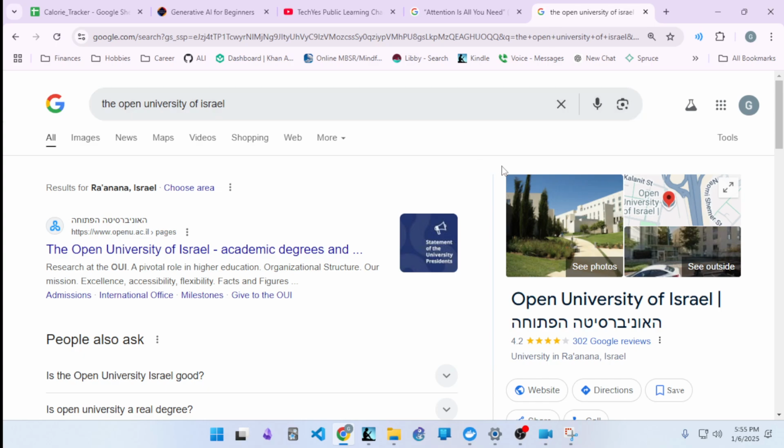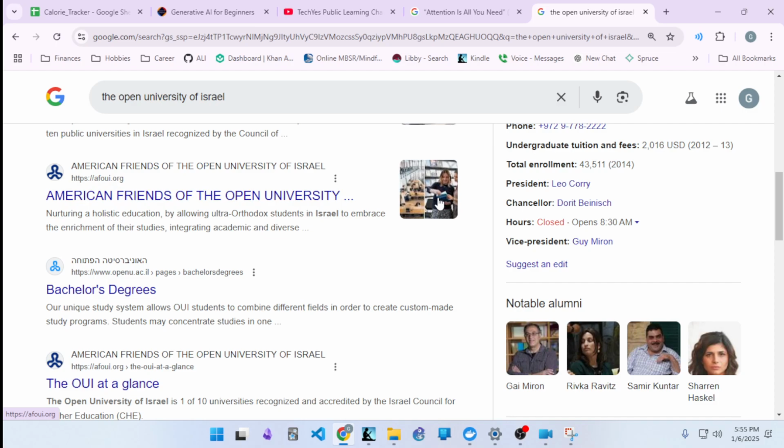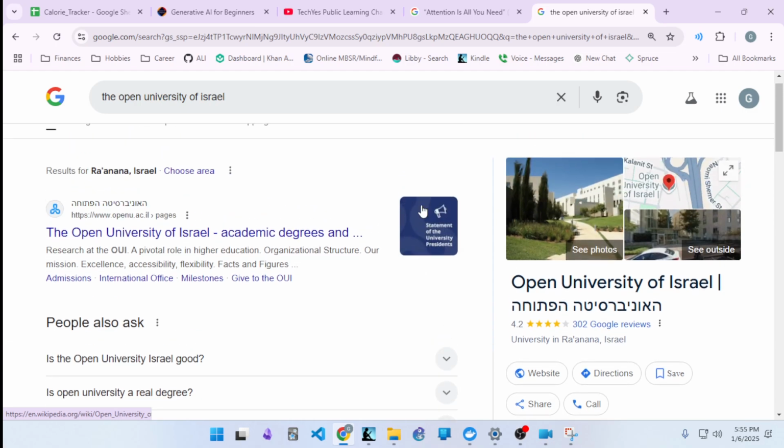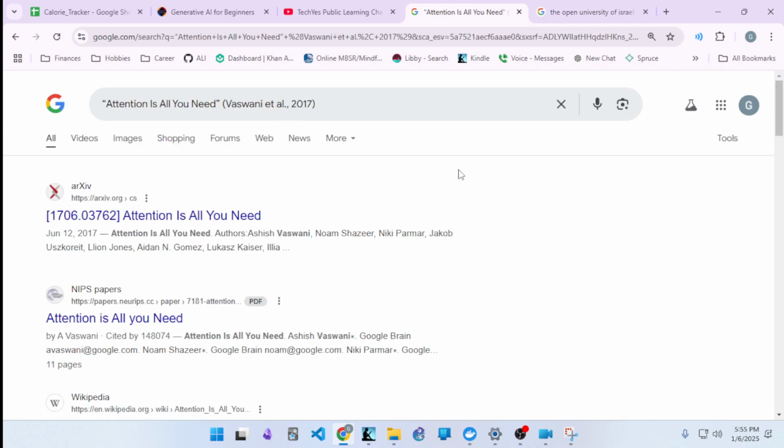And at most universities, you have to be a certain age, or there are restrictions where children can't go to university.